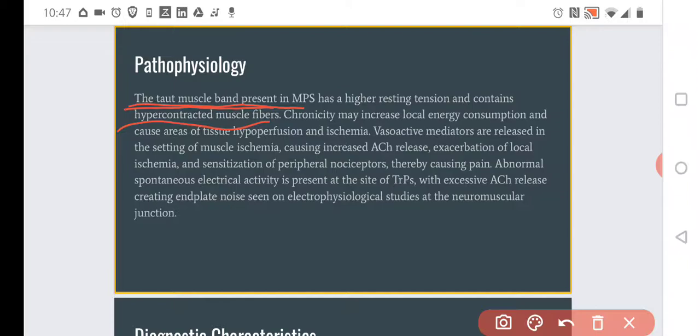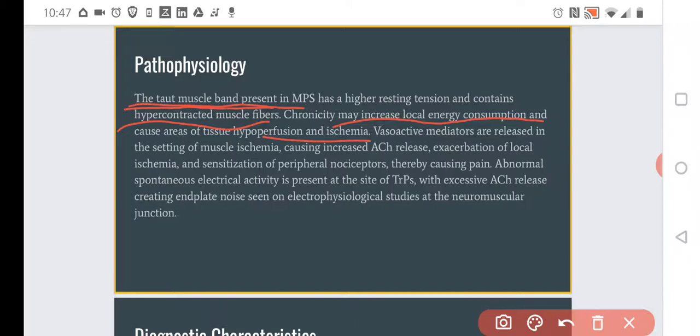When this contraction is sustained for a very long time, there is an increase in local energy consumption. Because the muscle is contracting, we have hypoperfusion and ischemia, as it is compressing the vessels around.